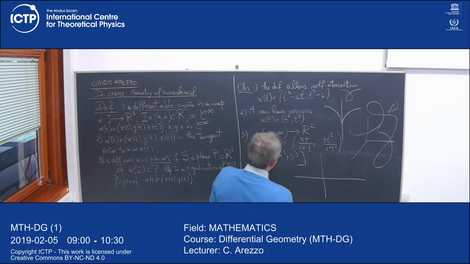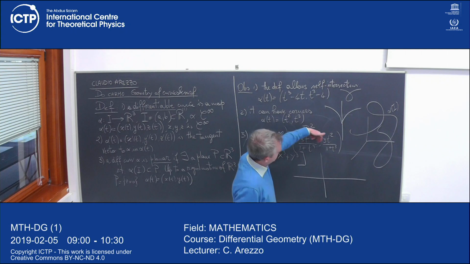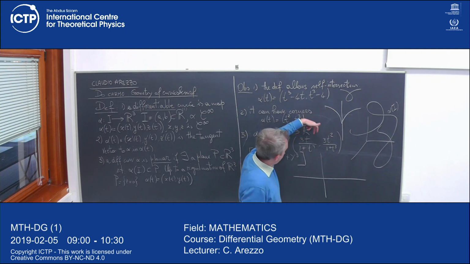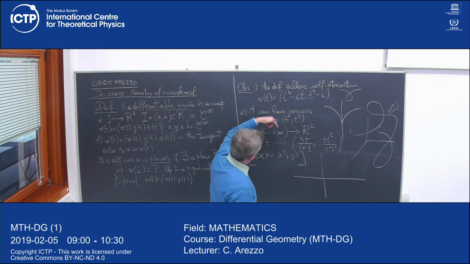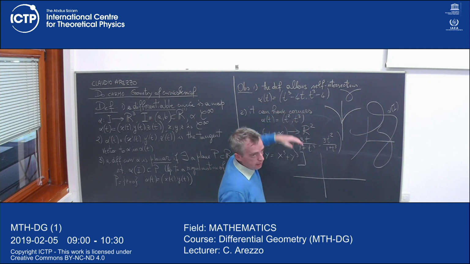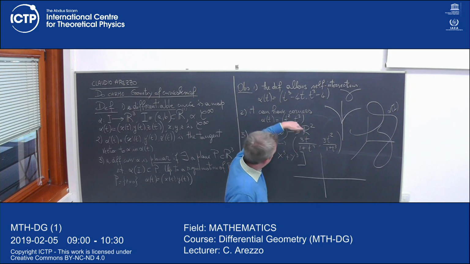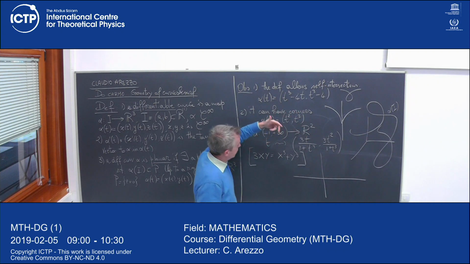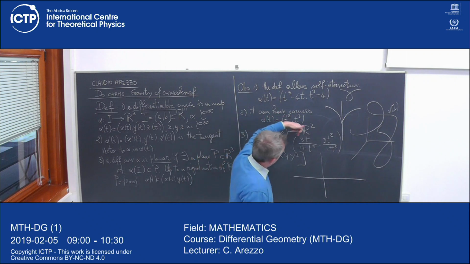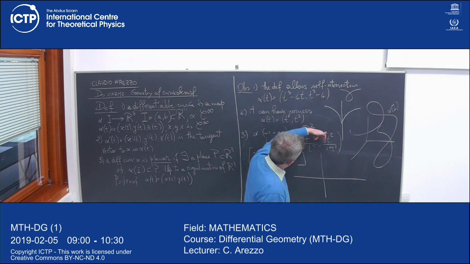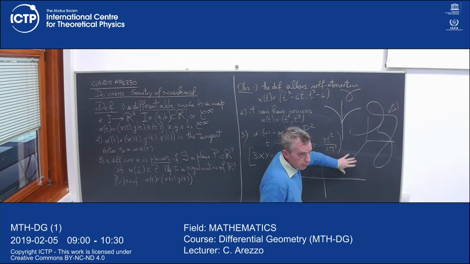Of course I'm not going to draw it very carefully. Let's look at the limits. For t going to plus infinity, where is it going? These are positive numbers in that region, so it lies somewhere here.